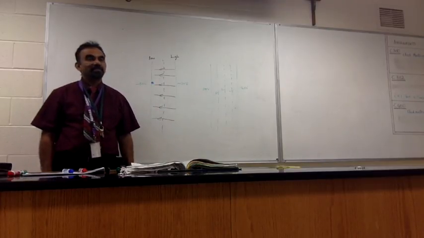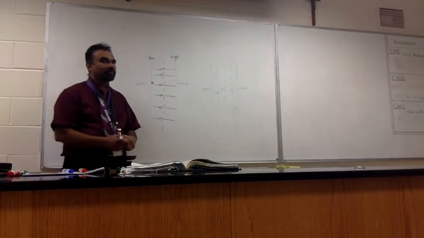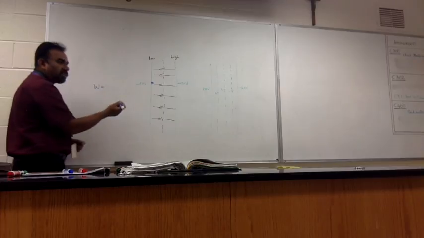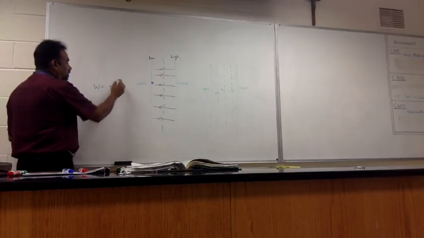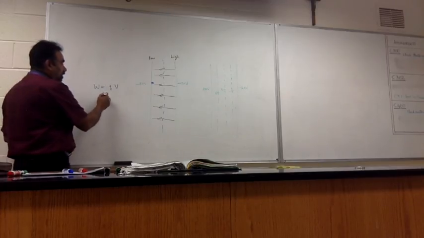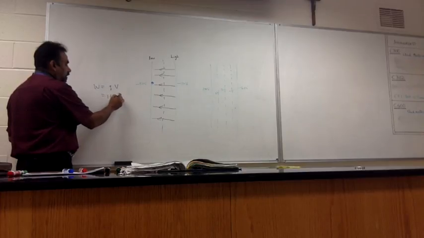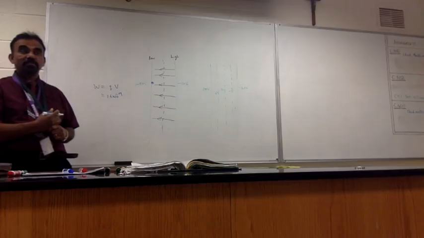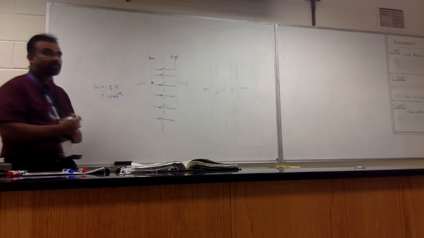Use W equals QV. W is the work done or energy acquired, which is equal to QV. The charge of an electron is 1.6 times 10 to the power minus 19. And what's the potential difference? 30.